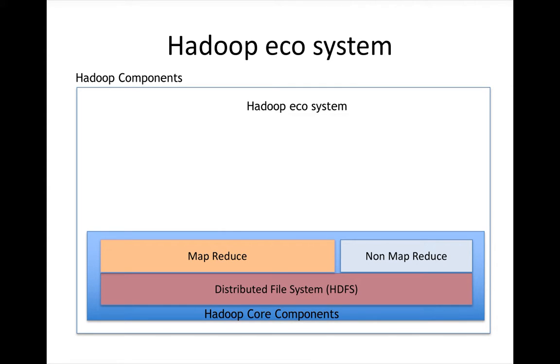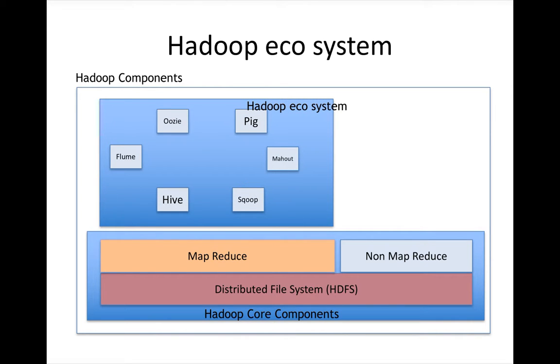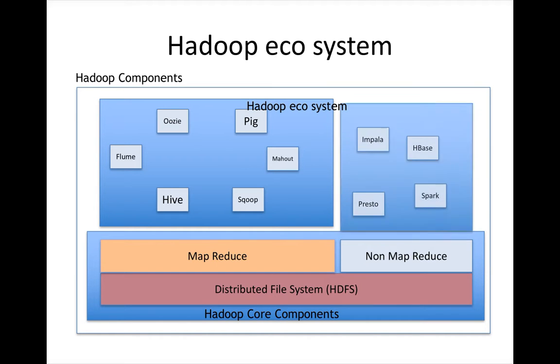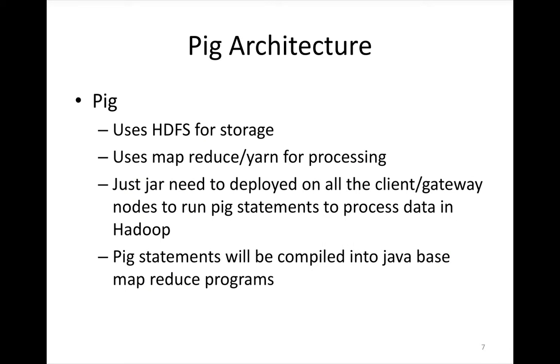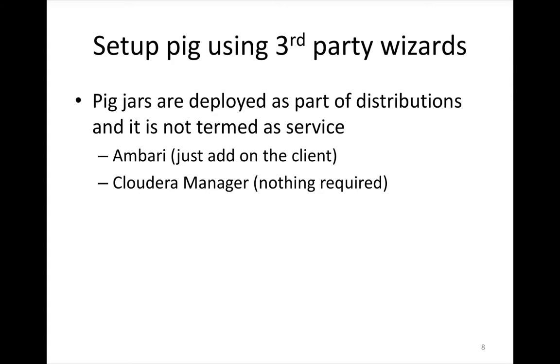MapReduce and Yarn are installed for processing purpose, and then there will be additional components which will be added. Okay, so Pig architecture: it uses HDFS for storage, it uses MapReduce or Yarn for processing. Just the jar needs to be deployed on all the client or gateway nodes to run Pig statements to process data in Hadoop. Pig statements will be compiled into Java-based MapReduce programs, as I have explained earlier.